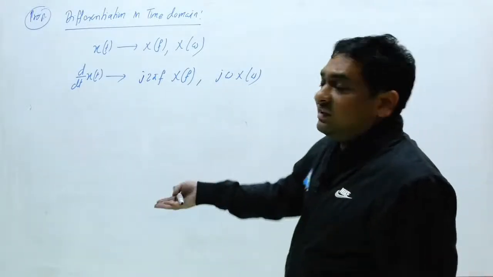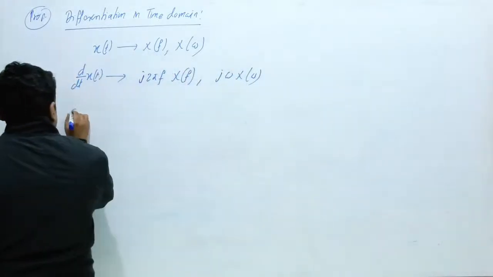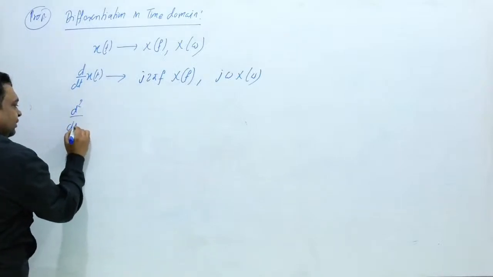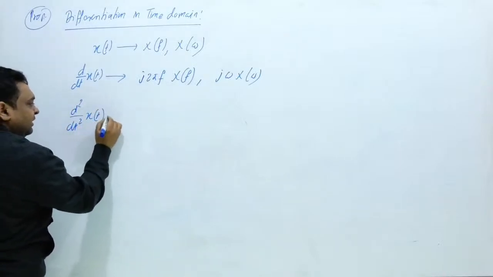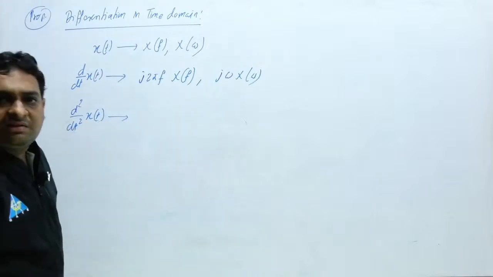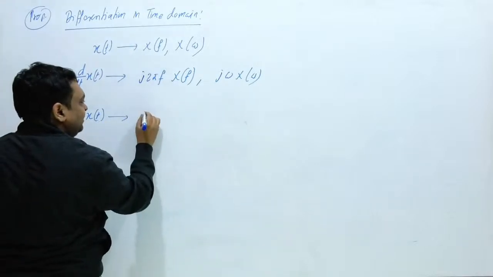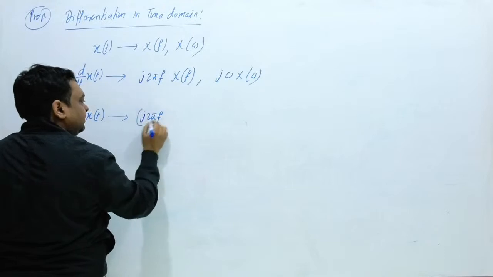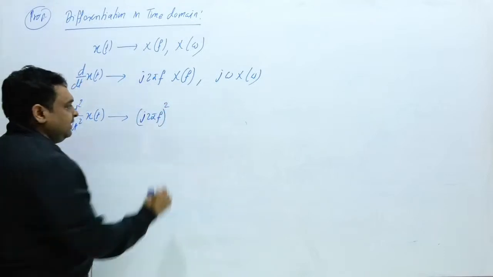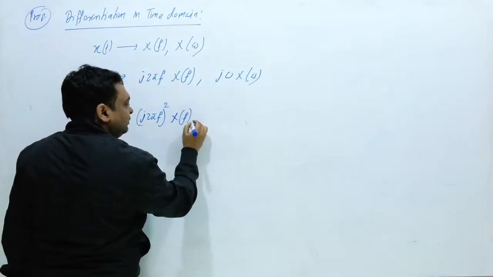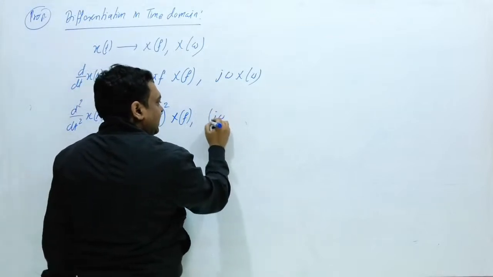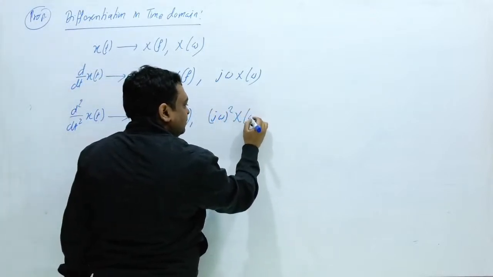Getting? Now what is the second differentiation? If again d2 by dt square x(t), the second differentiation, then what will you get? Again you will multiply the same quantity j2 pi f. So you get j2 pi f whole squared into X(f), or you can say this is nothing but j omega whole squared into X(omega).